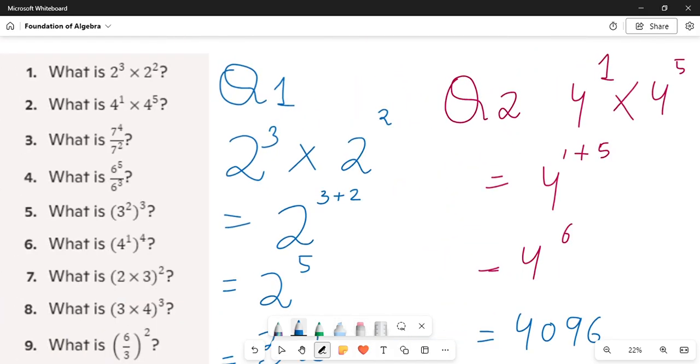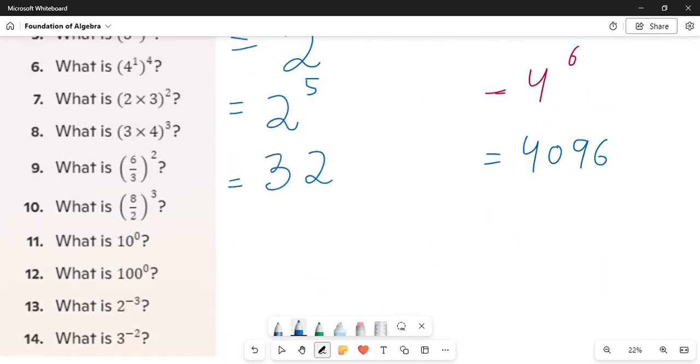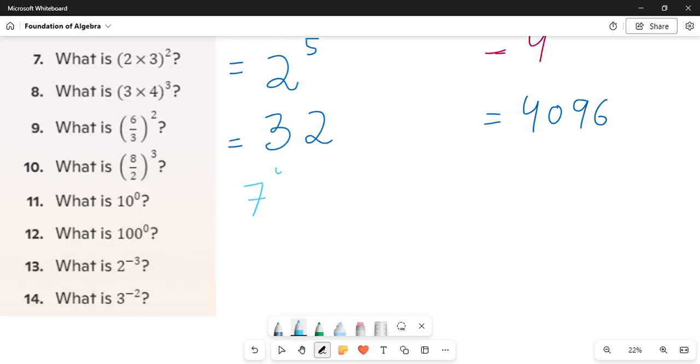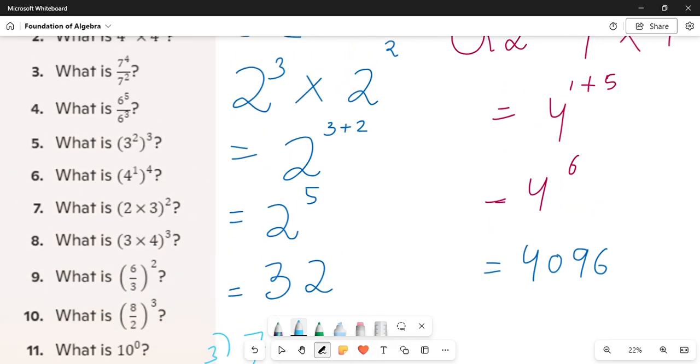And let's do the third question, which is 7 to the power of 4. This is question number 3. 7 to the power of 4 divided by 7 to the power of 2.